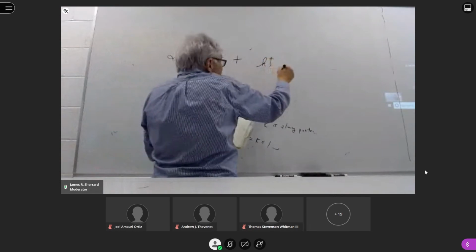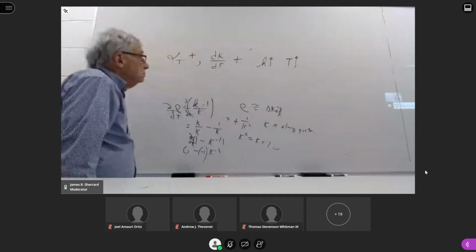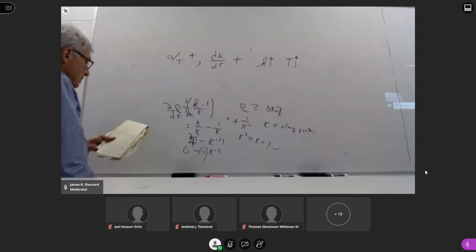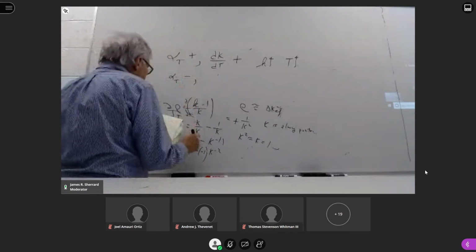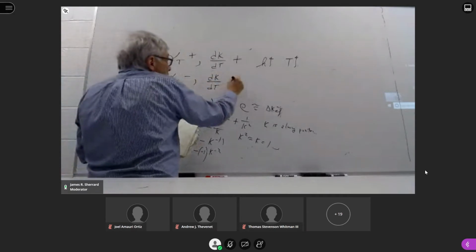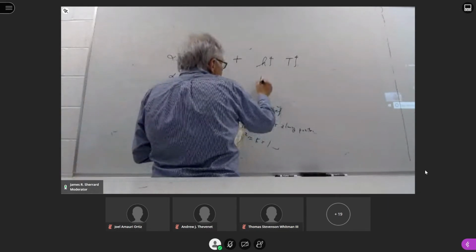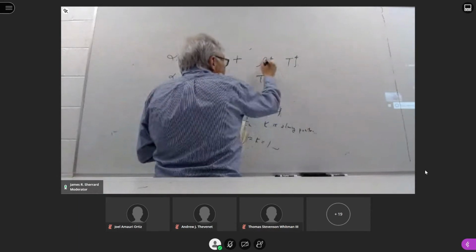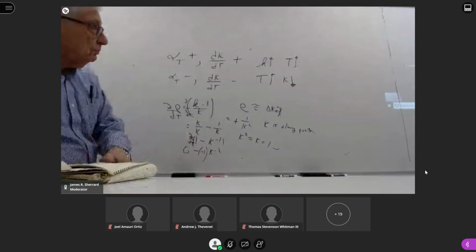So if K goes up, T has to go up. If alpha T is minus, the rate of change of K with respect to T is also minus. And what this means is that if T goes up, K goes down. Okay?